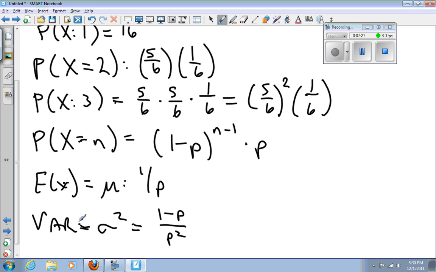And that's the variance. Of course, the standard deviation would be the square root of that. And it's probably a good thing at this point to remind you, these formulas were different for binomial distributions. The formulas I'm giving you right now are the formulas for geometric distributions.